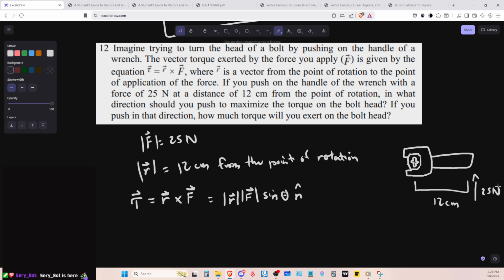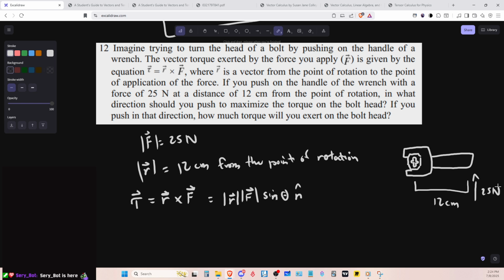Well, usually I think this comes down to the right hand rule, where you either push it to the right or you push it to the left. Right now I'm sticking out my own right hand just to show.